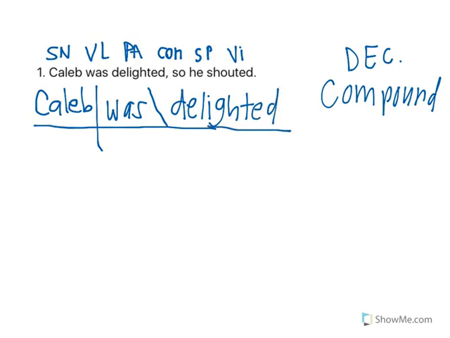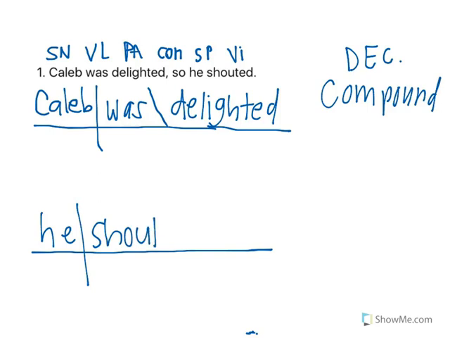But now we have a whole second independent clause that we have to connect. So we're going to draw a second line, okay? And diagram that one as normal as well. But now we have to find a way to connect them and include the conjunction.